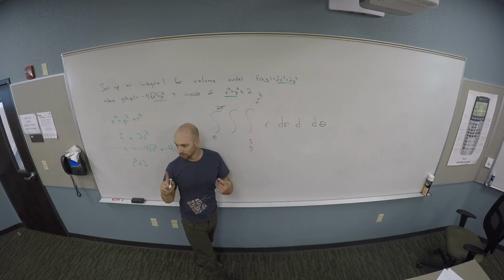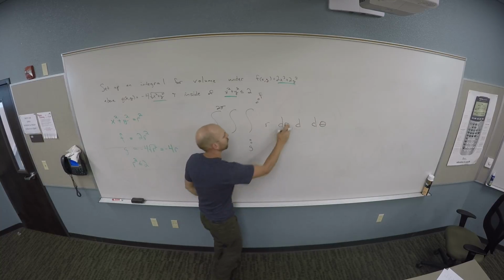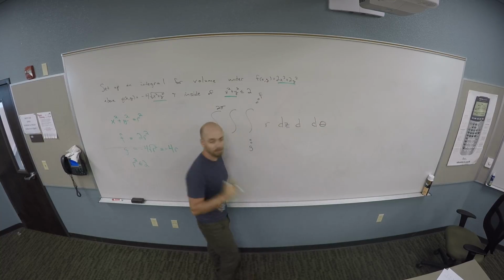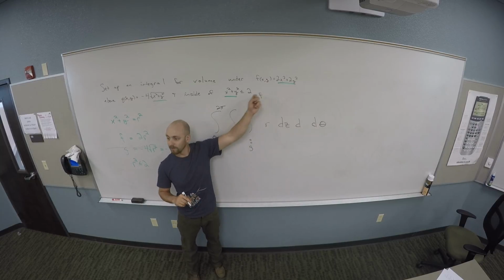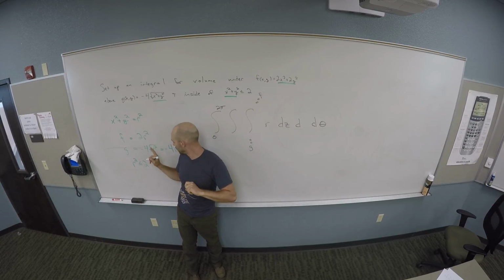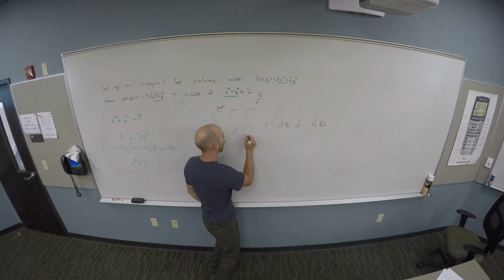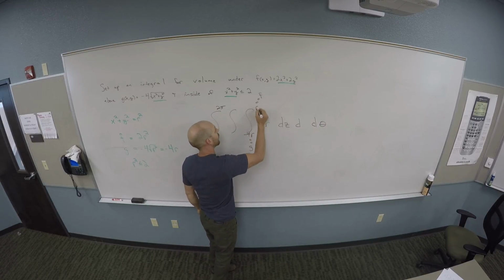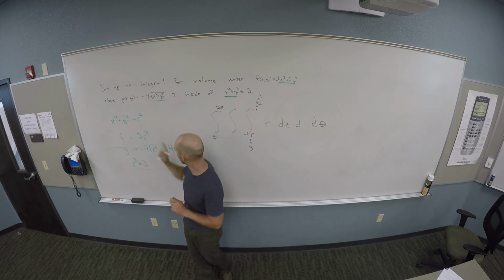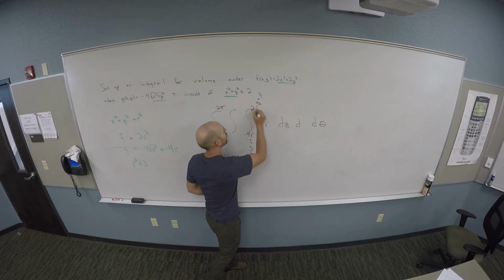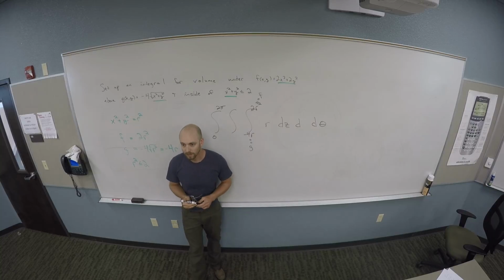Oh, z's, sorry. I want to be integrating the z's out. Where do the z's go? They go from g to f, and g is negative 4r, and f is 2r squared. And now what's the other thing I need to get rid of here?